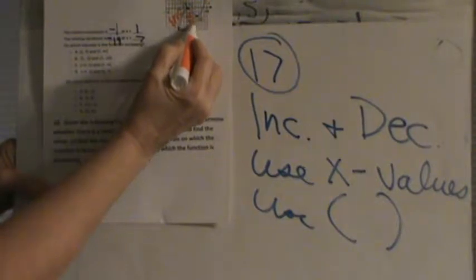Now, where is it increasing and where is it decreasing? Looking at the graph, when you start at the left, it's increasing up until you get to that maximum, and then it starts right here to decrease in that short little interval, and then it starts increasing again.